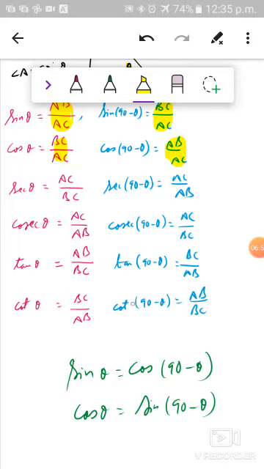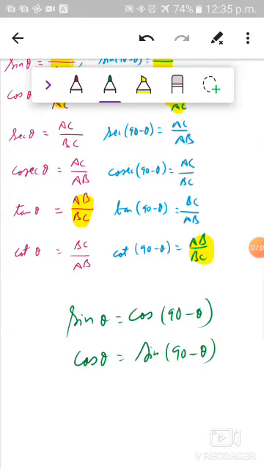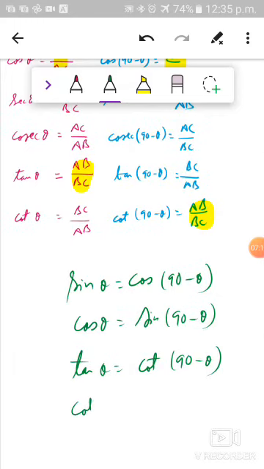Then if you see AB by BC, and here you can see AB by BC. So tan and cot are complementary of each other. So I can write tan theta is equal to cot 90 minus theta, or I can write cot theta is equal to tan 90 minus theta.